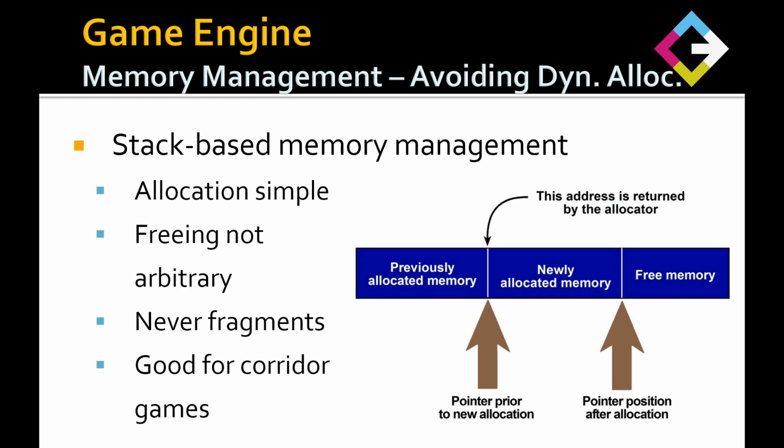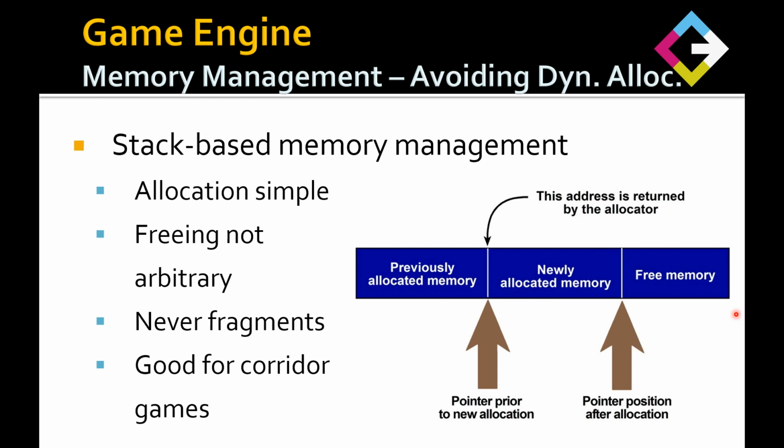So we have our big chunk of memory allocated via malloc or new, which we did at the start of the game engine. We maintain one extra pointer that points into the memory. And then, when someone requests new memory, we return this pointer and move it forward according to the size of the data requested.